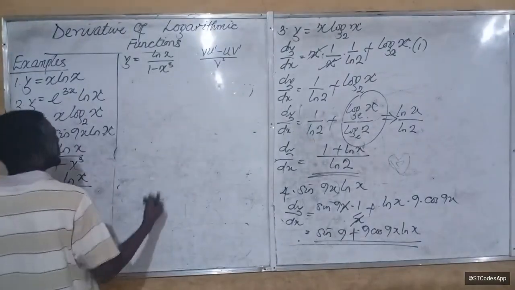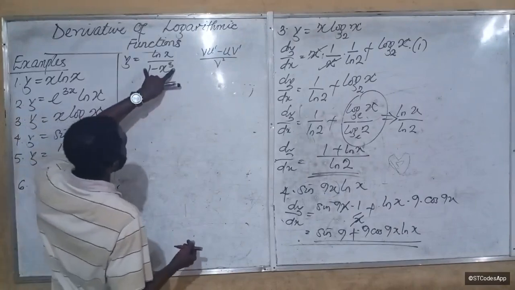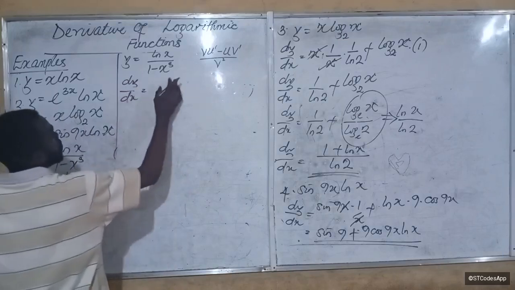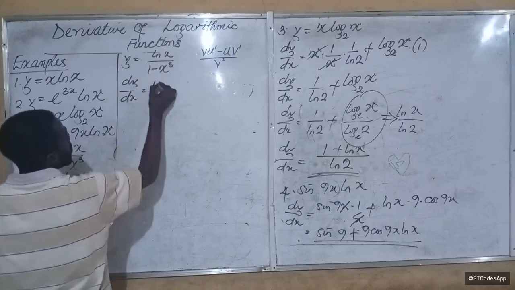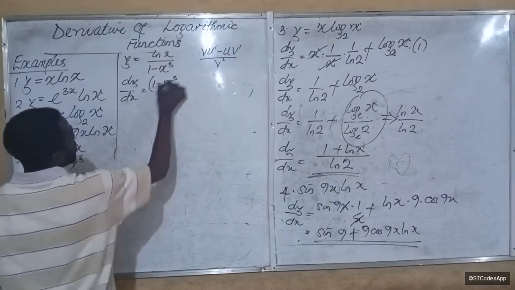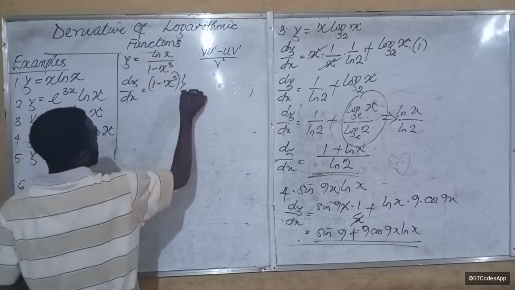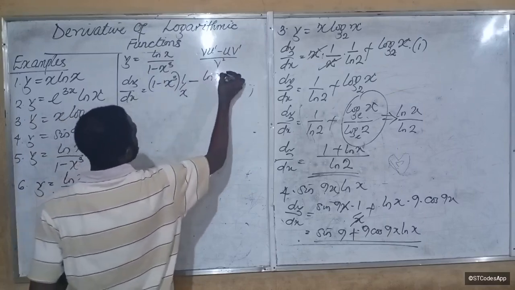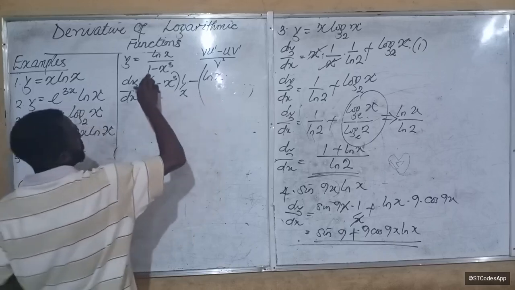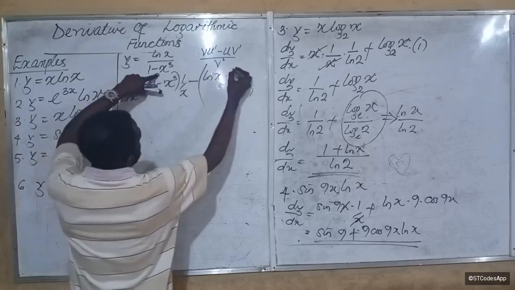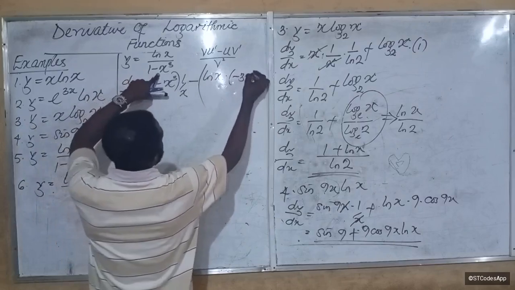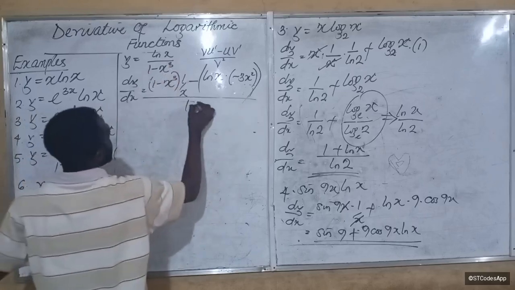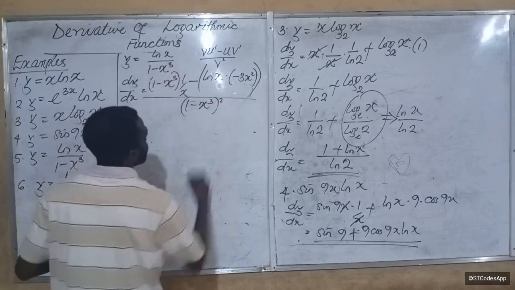Basically we will hold this and differentiate the top so that dy dx therefore becomes, hold this, differentiate the top, which gives us 1 over x, minus, hold u, that is ln x, differentiate v, v is this, it gives us minus 3x squared, all over bottom squared, 1 minus x cubed all squared.